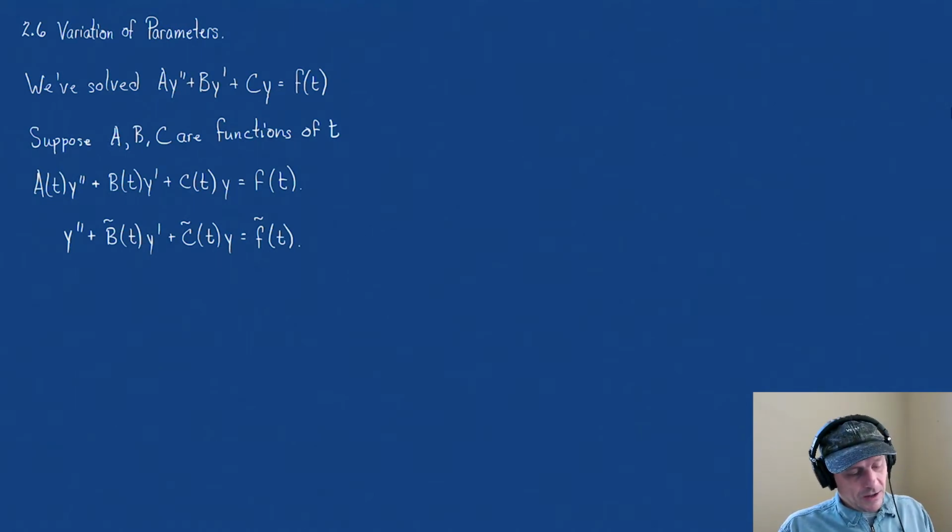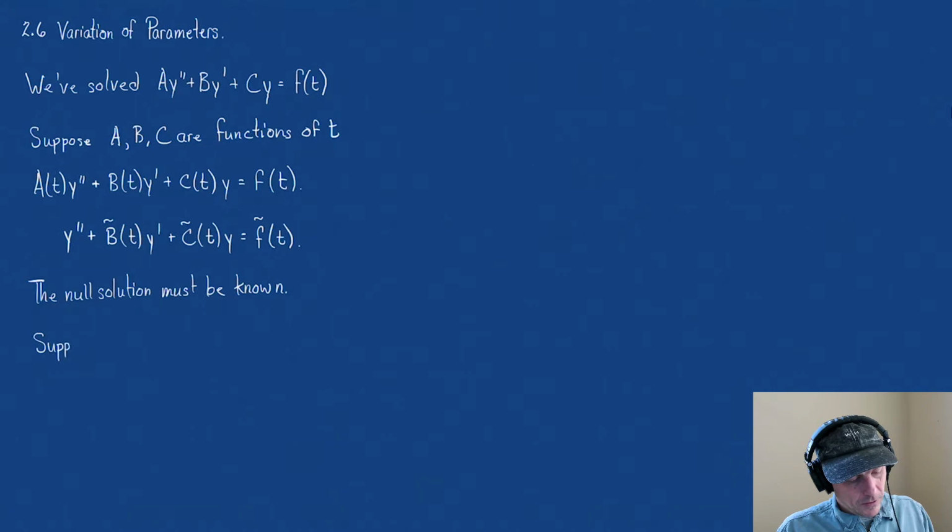Well, the key to this, there's one caveat, and the caveat is this: the null solution must be known. Okay, so we're going to say, suppose y null is, and it's just going to be like we'd expect.